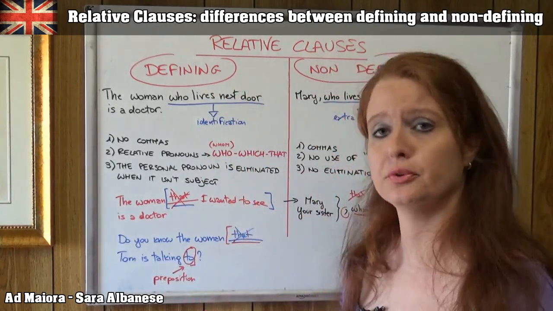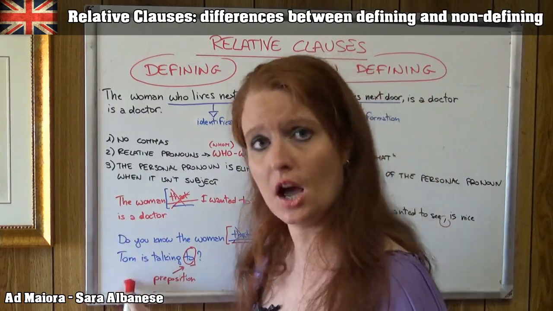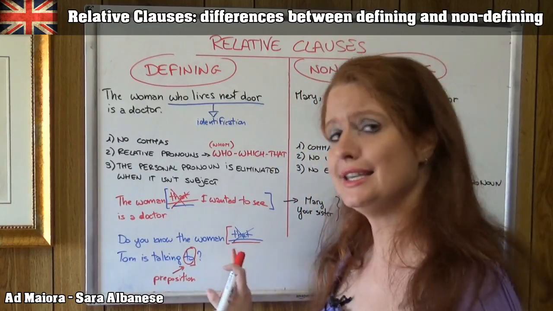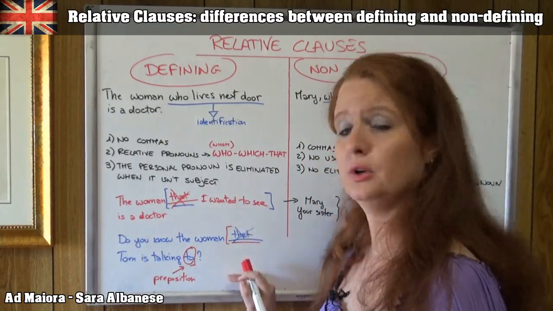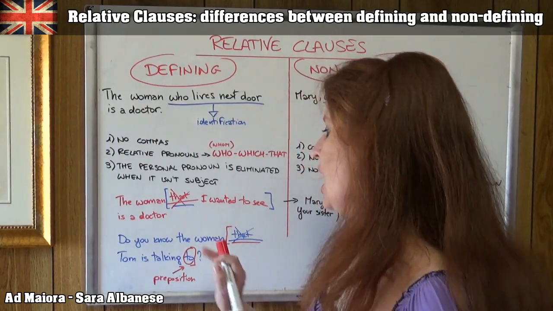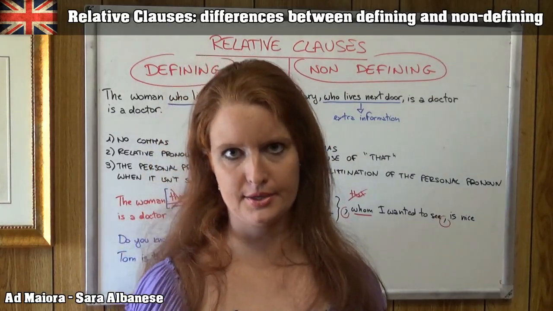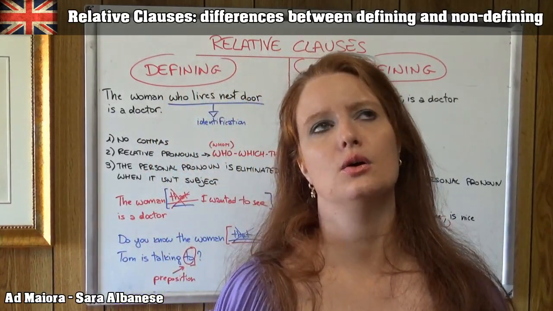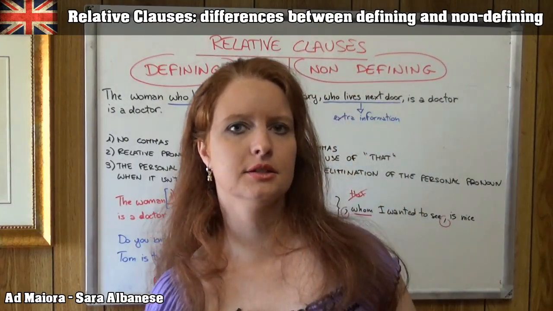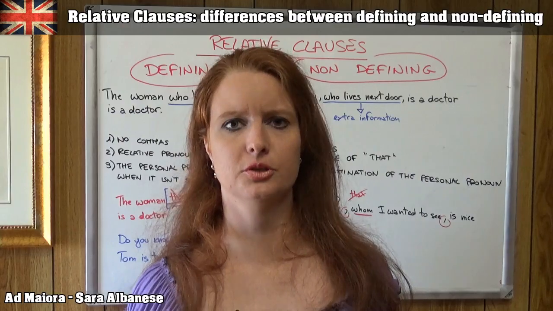I don't have the pronoun again, okay, because my subject is Tom, the subject isn't the pronoun, the pronoun is an object, so I have to eliminate it, okay. Do you know the woman Tom is talking to? Okay, so the preposition is at the end of the sentence. Or, I don't know, the bed I slept in is very comfortable.